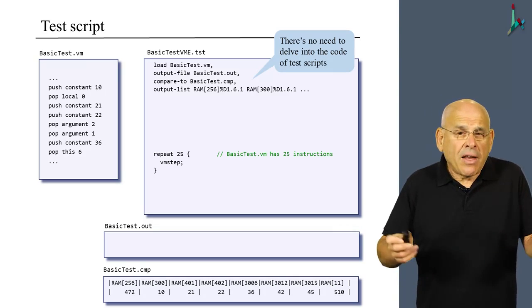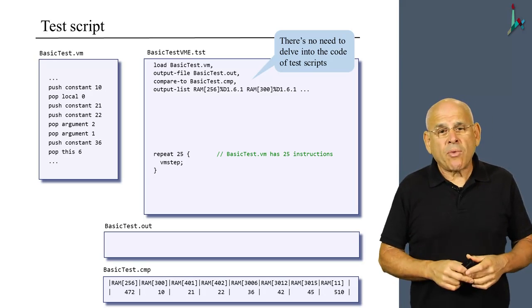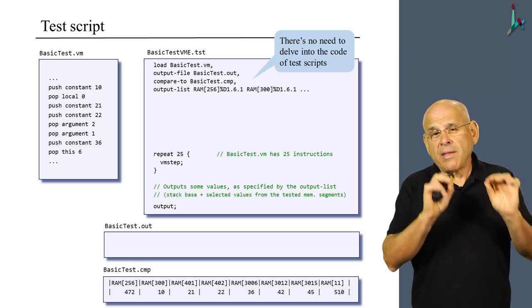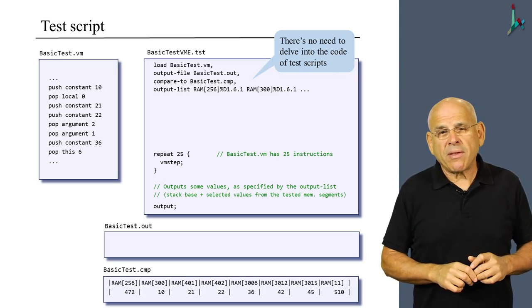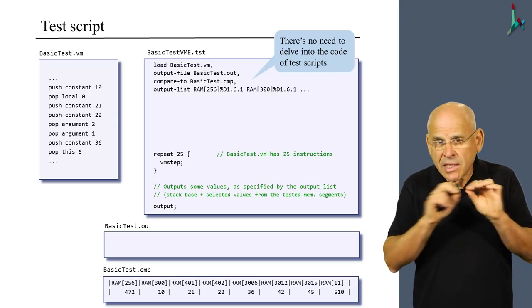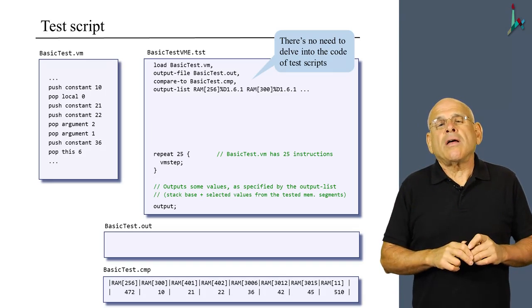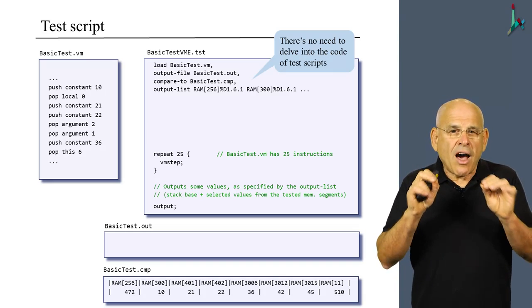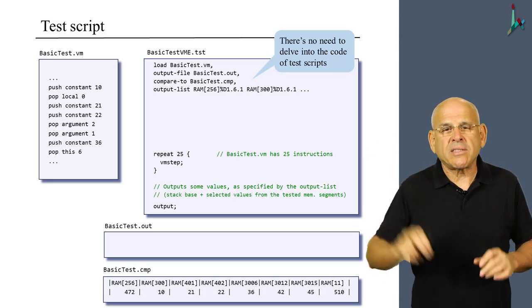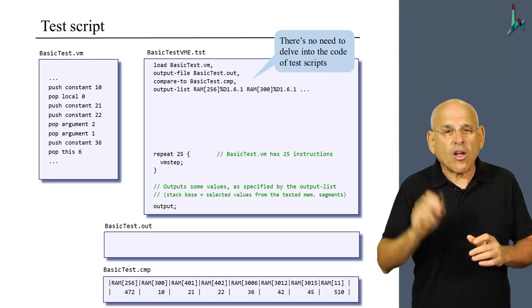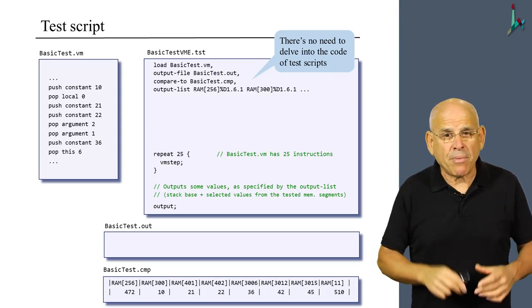And finally, in this particular test script, we see that we have only one output command at the end of the script. And when the simulator executes this command, it will print to the output file all the variables that were defined in the output list command in the preamble of the script.